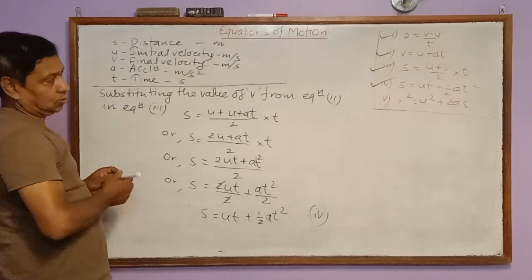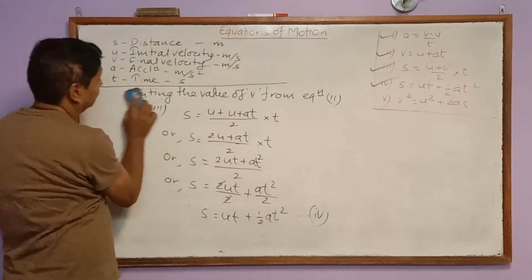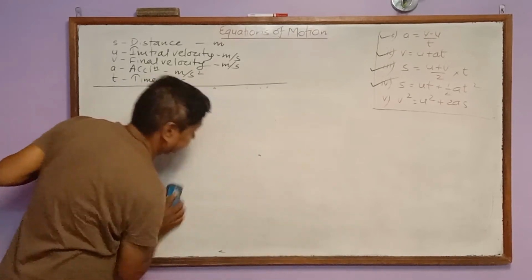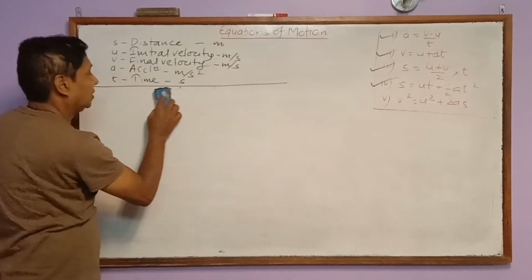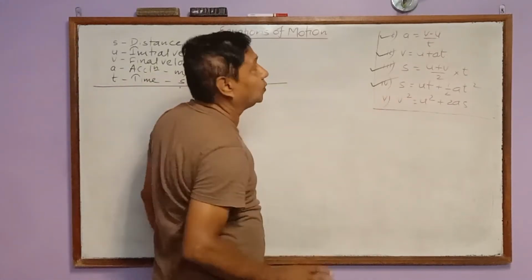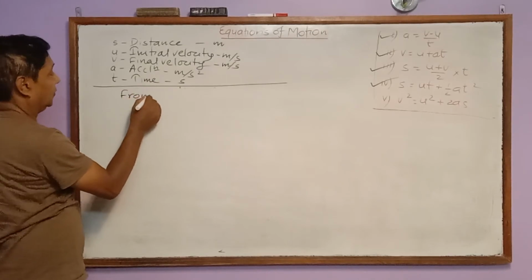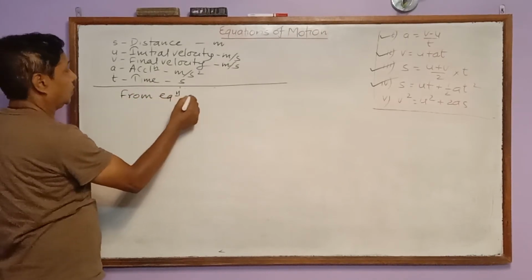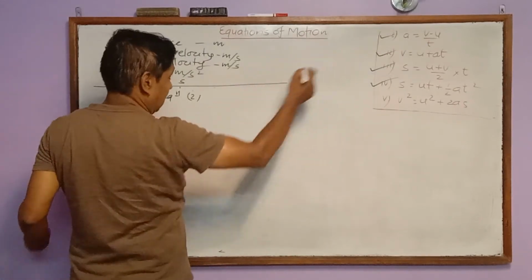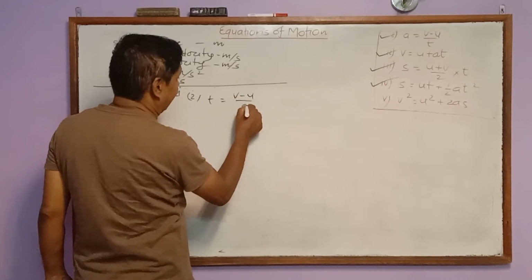Now I want to go through equation number 5. How to prove this equation number 5? In the case of equation number 5, what we are doing, from equation 1, if a is equal to (v minus u) by t, then t is equal to (v minus u) by a.